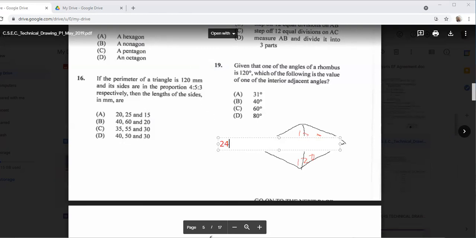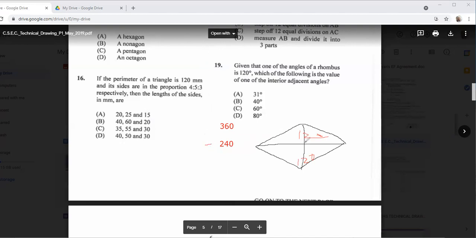When we subtract 240 from 360, how much are we left with? 120, right? We're left with 120. Are we following?